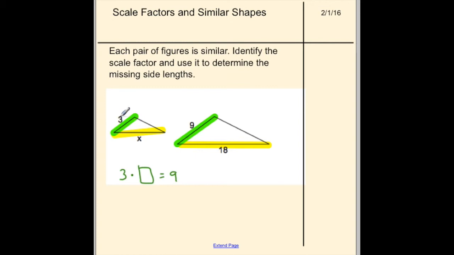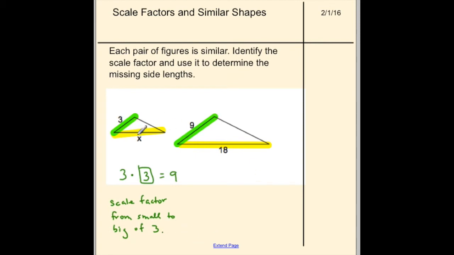Well, going from the smaller triangle to the larger triangle, 3 times 3 is 9. So this has a scale factor from small to big of 3.